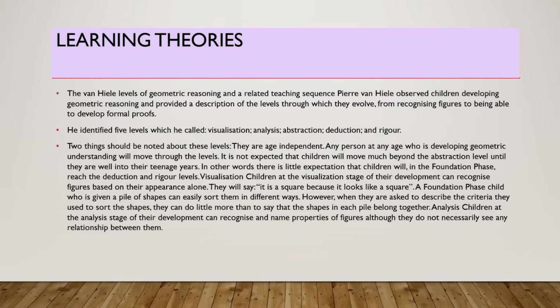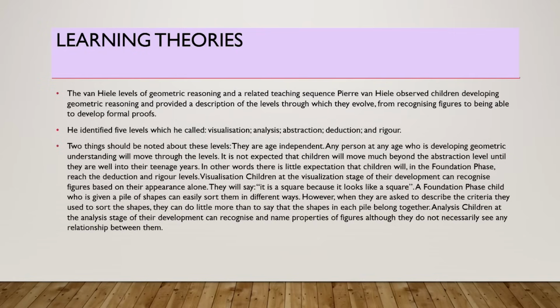And you see that even the language that they use, they're not able to decipher yet that a square has 90-degree angles, sharp corners, 4 equal sides, or that concept yet, but they're able to recognize what the shape is.